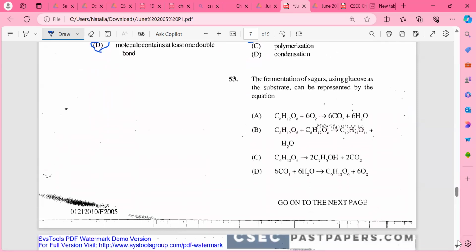Fermentation of sugar, glucose is decomposed by zymase to form 2 ethanol, 2 carbon dioxide. So that's gonna be C.